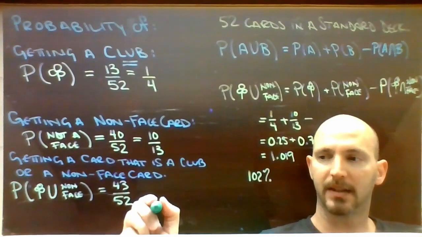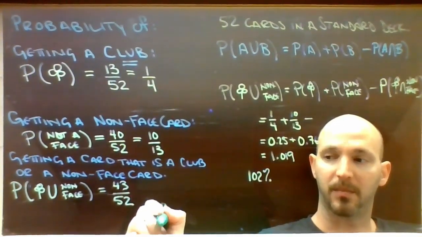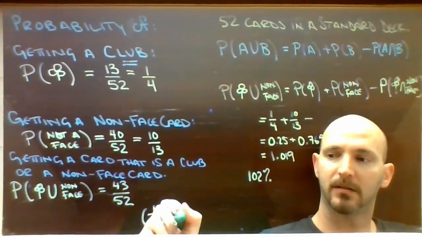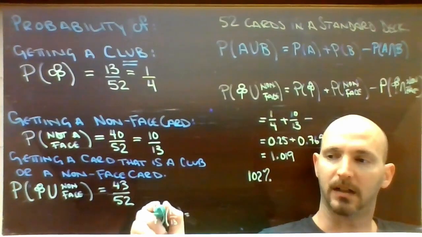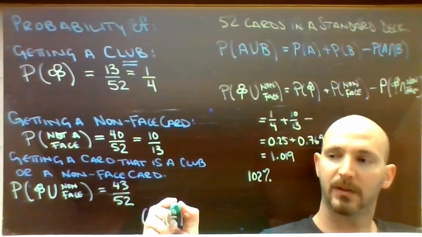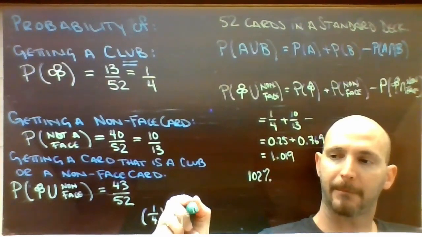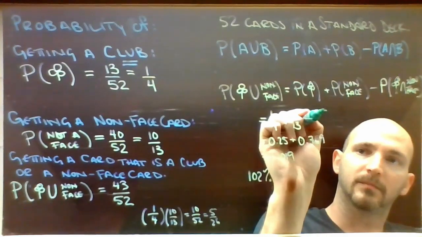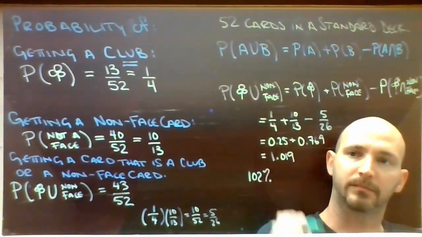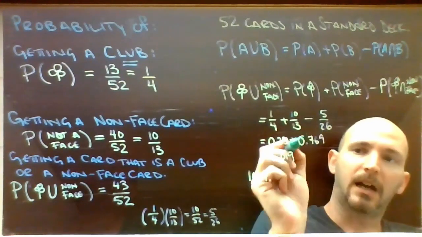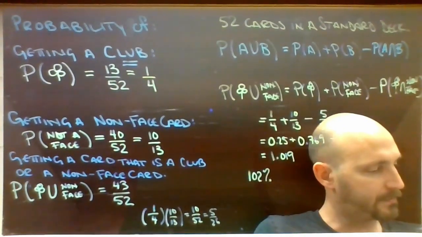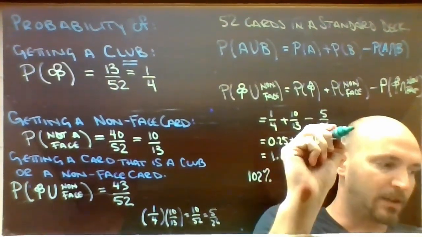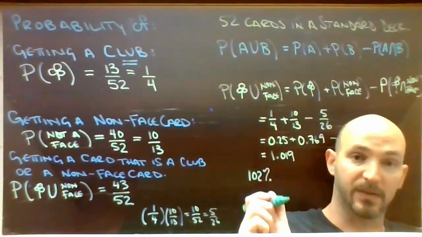Well, I think we calculated that as being a club and a non-face card was 10 out of 52. Which was 5 out of 26. Gross. Now I could subtract that out as a decimal. 0.192 if I do some rounding.